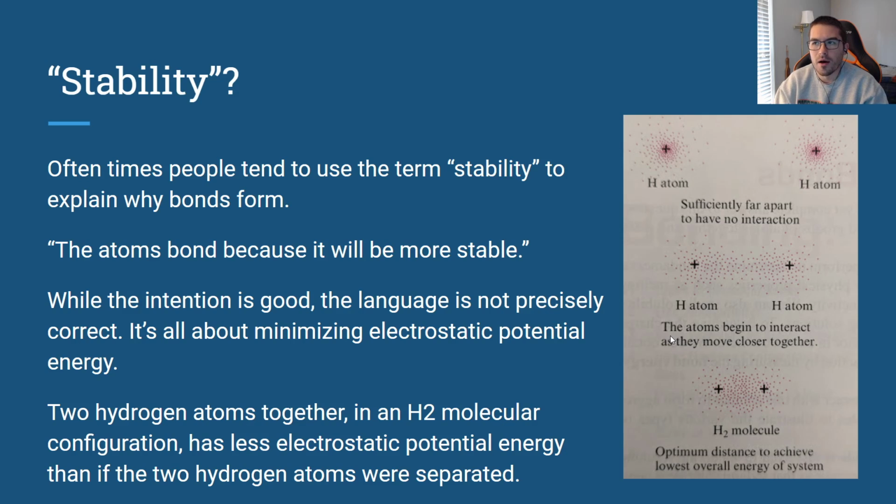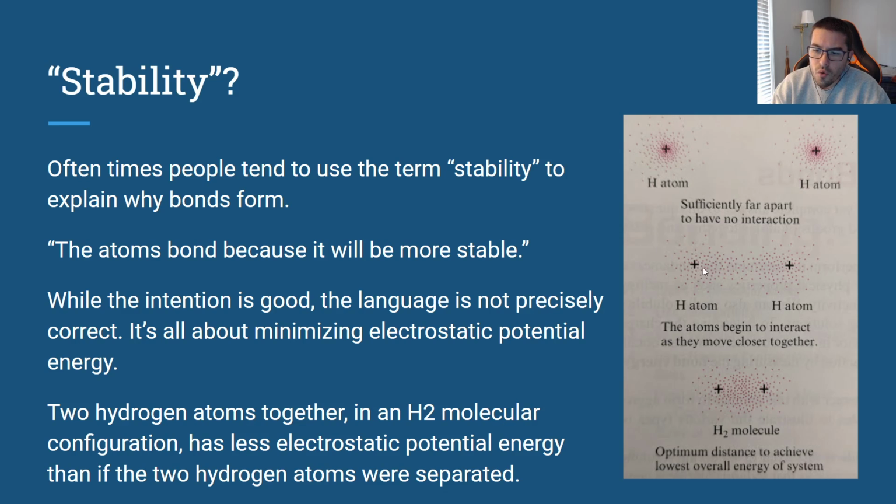The 1s orbital has room for 2 electrons. It can hold 2 electrons. We could have 1s2. Hydrogen only has 1 electron, though.